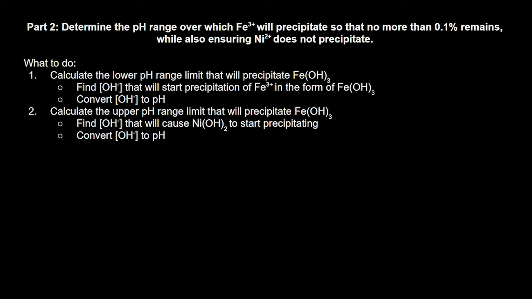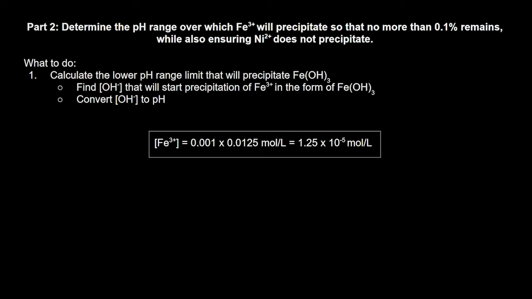And to do that, first we need to find the hydroxide concentration that will cause iron to precipitate. And then once we know that, we can convert that hydroxide concentration to pH. In step 2, we'll calculate the upper pH range limit by finding the concentration of hydroxide that will cause nickel hydroxide to precipitate, and we'll convert that number into a pH as well. So let's do step 1.